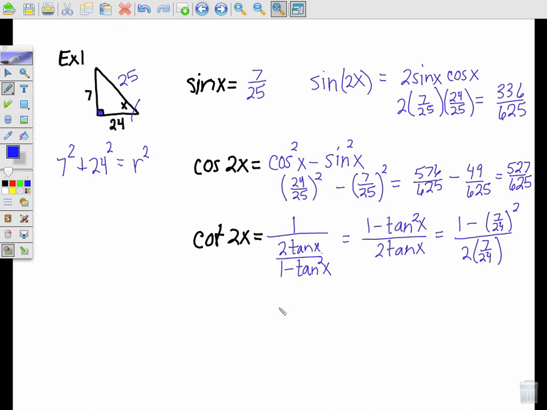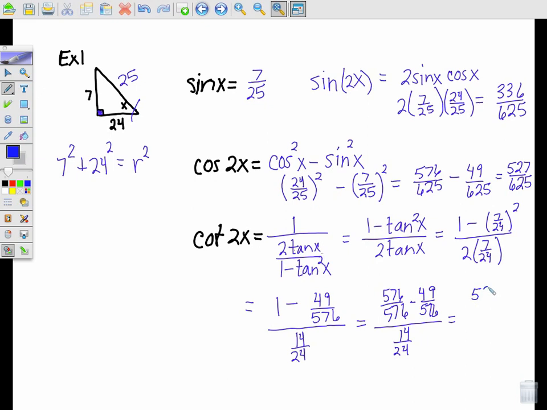So let's go ahead and work with these fractions. I'm going to start simplifying. I've got on top 1 minus, and if you square 7/24, it becomes 49 over 576, over 14/24. I'm going to keep that the same at this point in time. On top, I need to find a common denominator. That would be 576 over 576 minus 49 over 576, and still have 14/24.